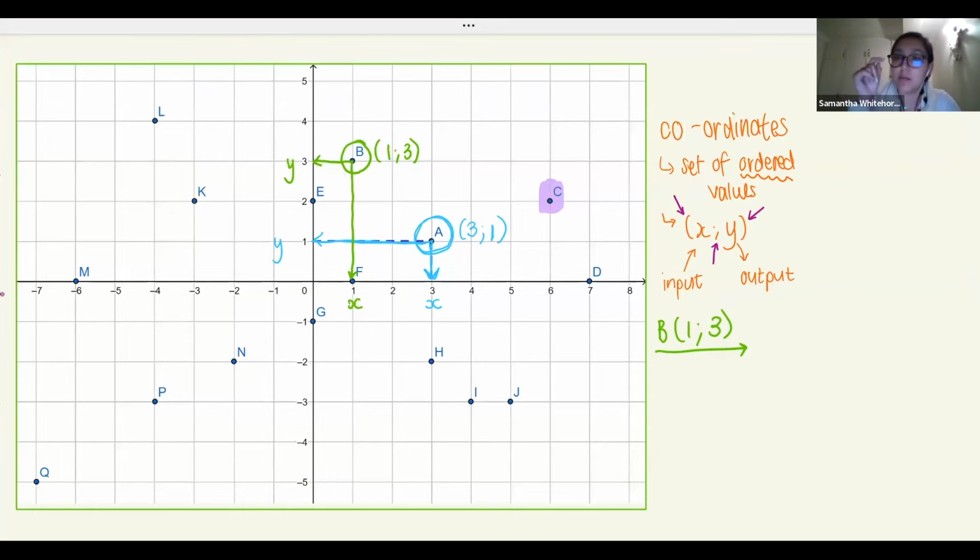If you use a comma, that can imply a decimal. So we need to use a semicolon. 2 dots can imply a ratio, and we're not working with ratio, we're working with coordinates. So semicolon and 2 round brackets. Remember, it is x first and then y.